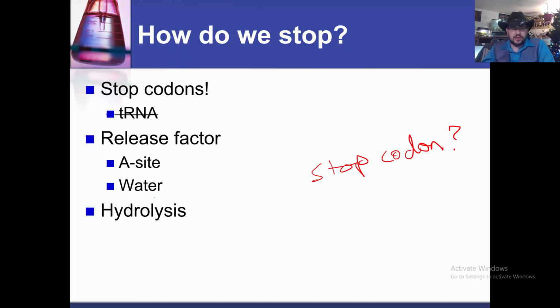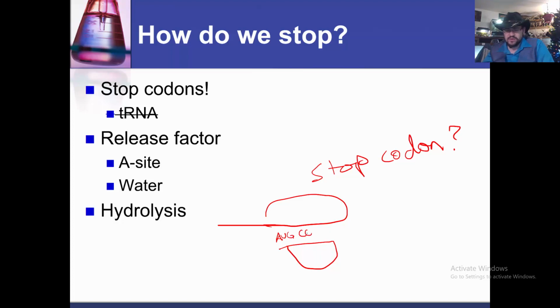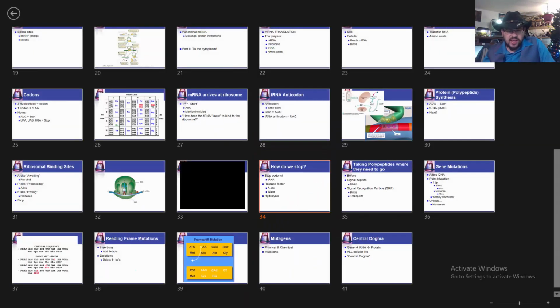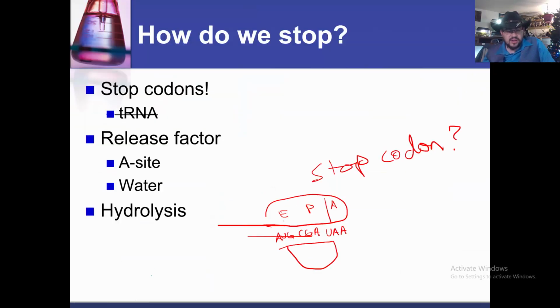our growing chain, right? So here's our ribosome. Here's some random stuff. And here's a stop codon, right? And so this is the A, this is the P, this is the E. So release factor is going to bind here at the A site and donate water, causing hydrolysis.